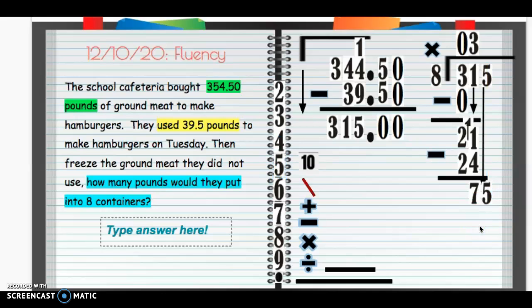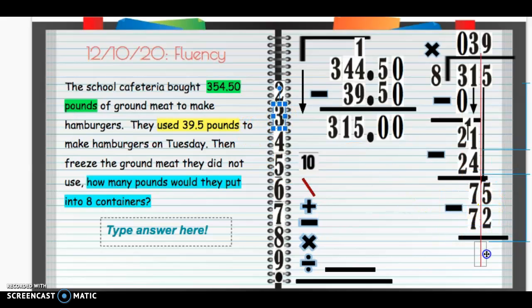And then how many times does 8 go into 75? Well, let's think about this. 9 times, because 9 times 8 is 72. So I put my 7, I put my 2, and then I subtract it out.